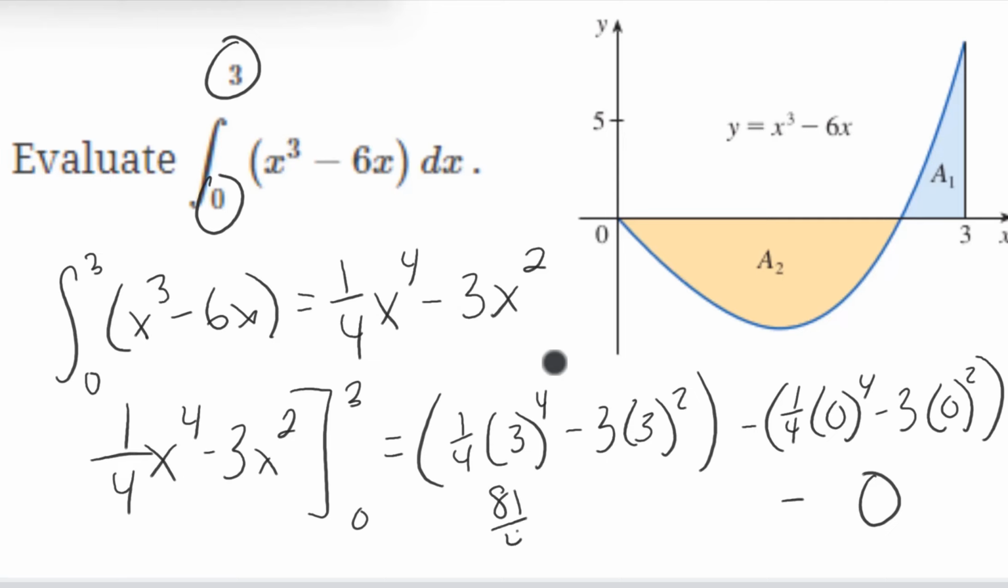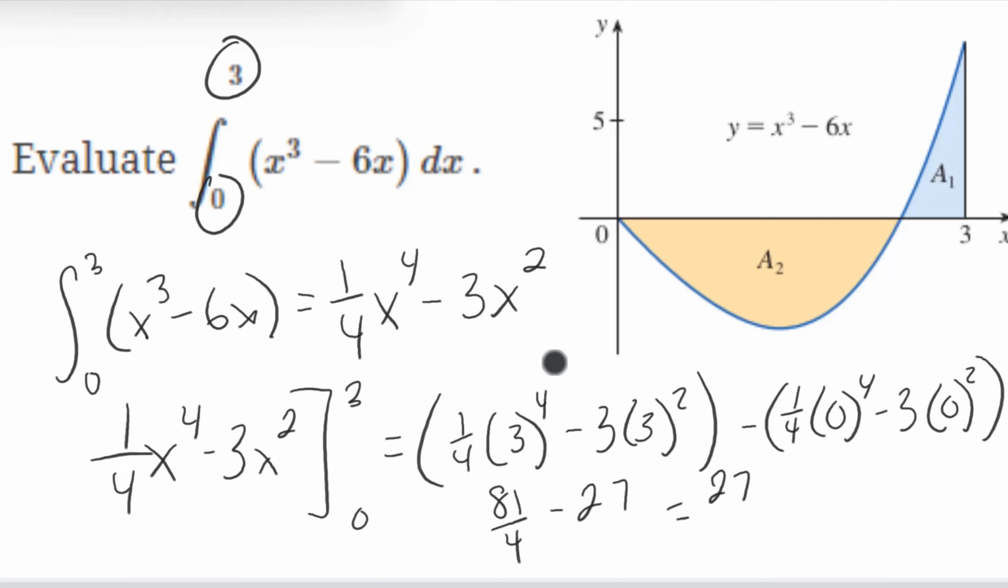So I have 81 over 4 minus 27 minus 0. So 27 times 4, I got 81 minus 108.